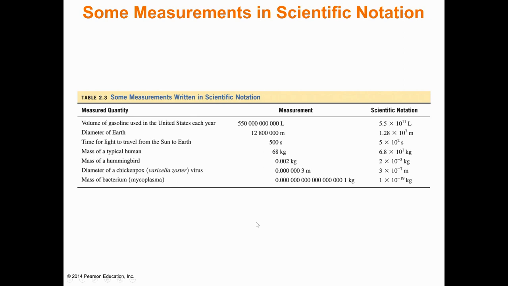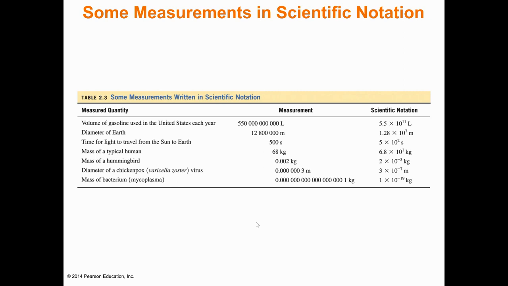And why is scientific notation so important in chemistry and in science? In science we typically have very big values or very small values for the most part. Look at the bottom one there, the mass of a bacteria. Look at how tiny the measurement is for that mass. That would be a nightmare to write out. So instead of writing that number with all those zeros, we'd write 1 times 10 to the negative 19 kilograms.